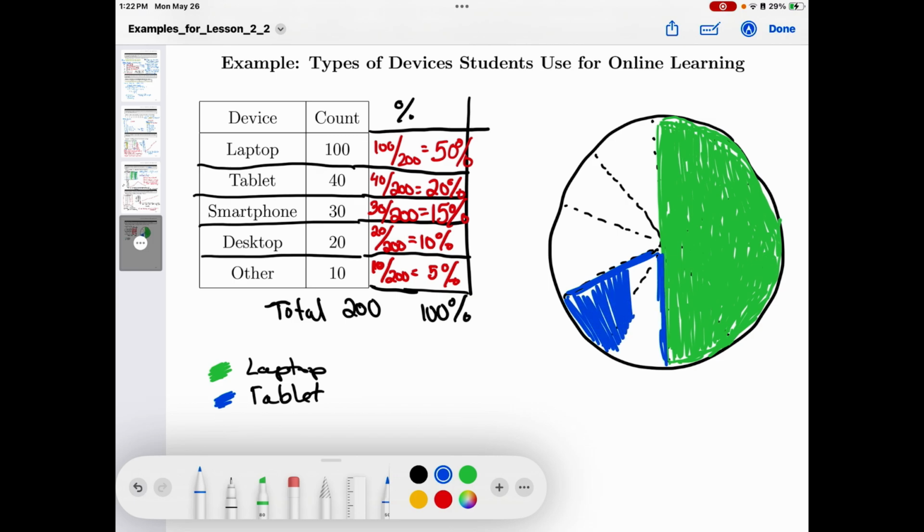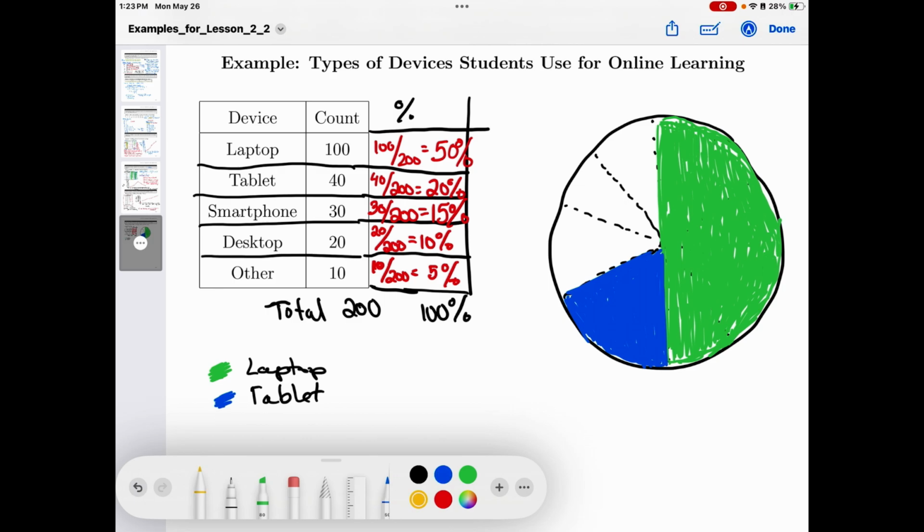Now, this is a nice case where we're dealing with percentages that are divisible by 10. If you had percentages that were maybe not divisible by 10, like by 5s or maybe by 12s, you just use the 10% slices as your estimate. Unless, of course, like I said before, you have a protractor or something that you can use to make it more accurate.